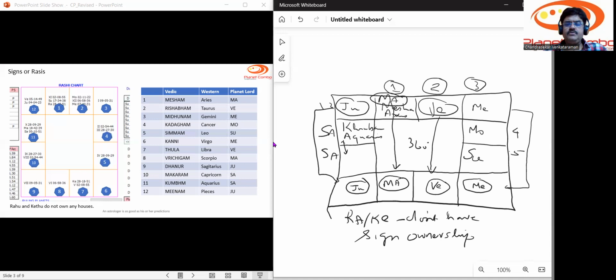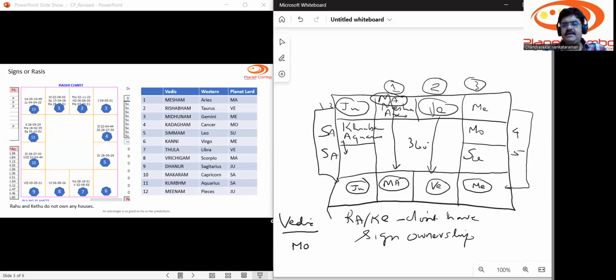The other point you should note about signs is that the planets which are allocated here carry some significance. We are talking about two systems now. Let's talk about Vedic astrology. In Vedic astrology, the position of the moon is very important in a chart.